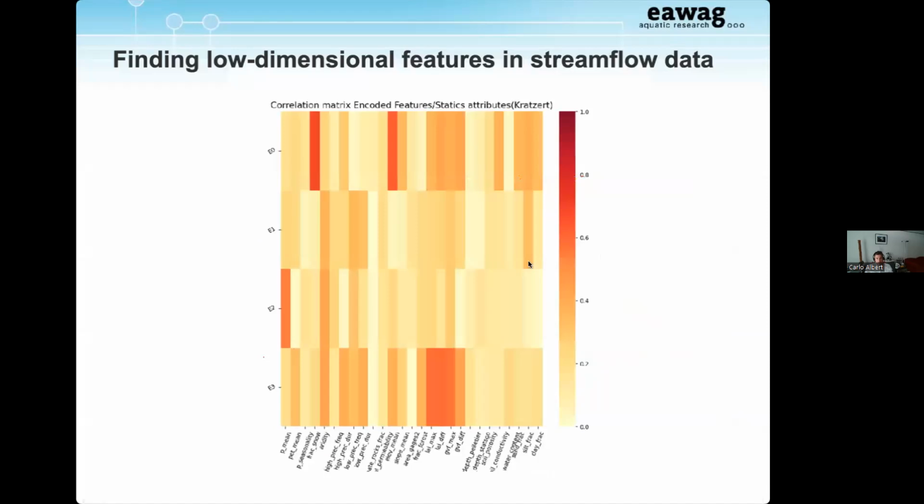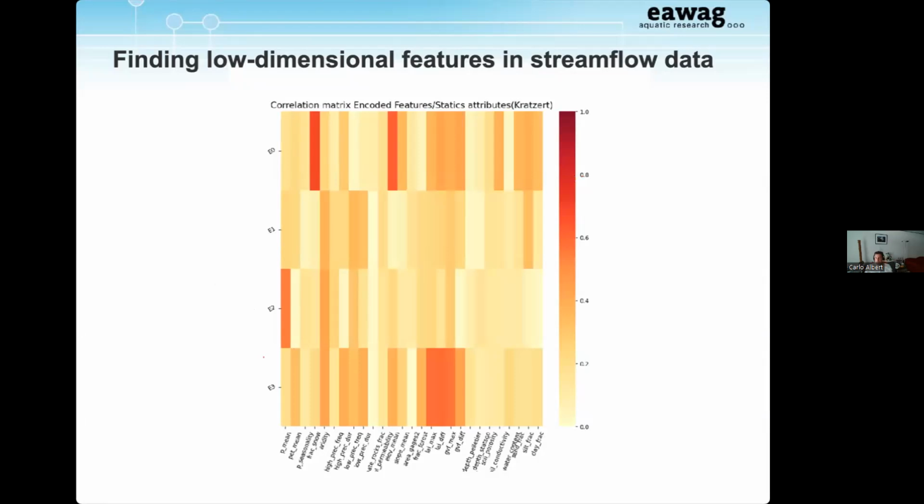We also correlated them with the 27 known features, and we saw okay, they seem to encode certain type of information that can be interpreted. So one of them seemed to be correlated with altitude and snow, another one with a different type of vegetation. So we have some form of interpretation, but this is all still at the very beginning, and we're not yet at the point where we can ultimately conclude.